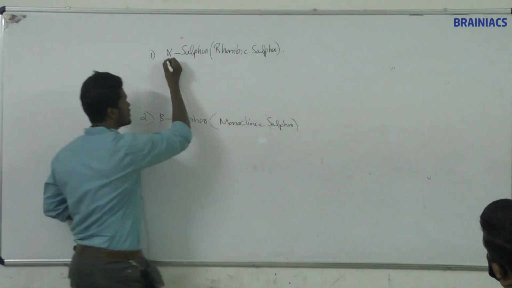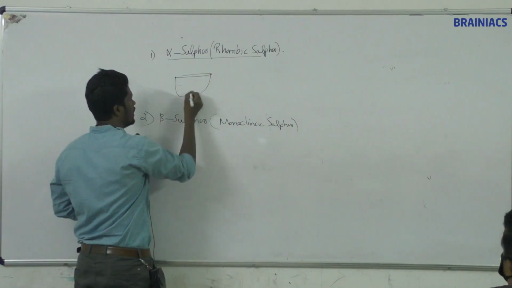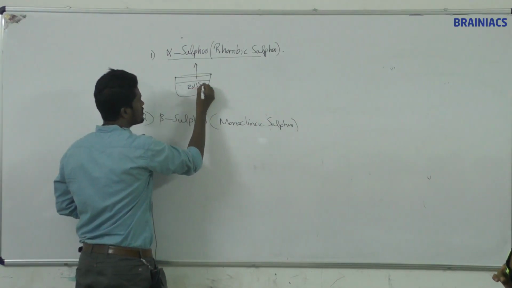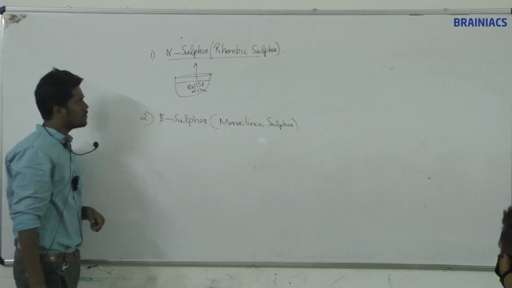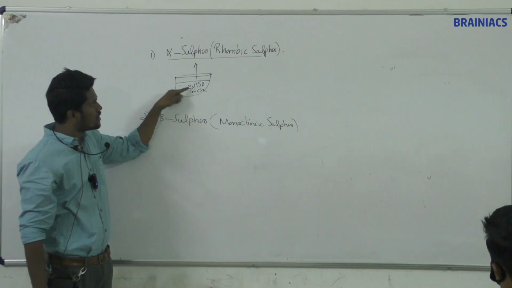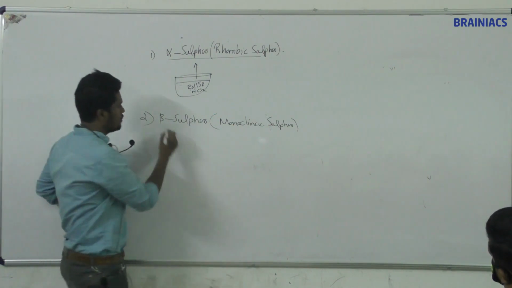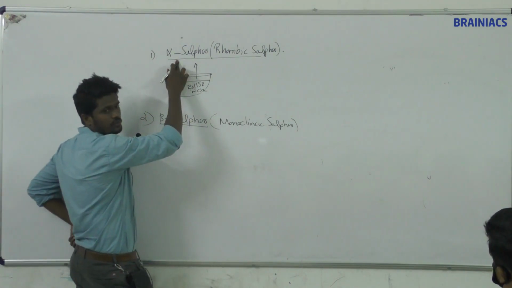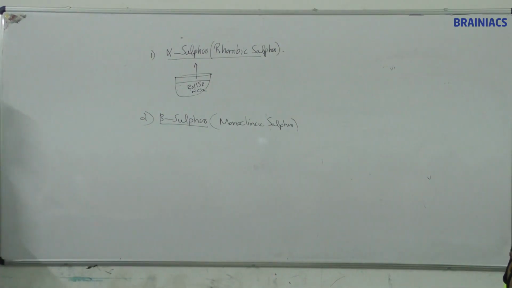So how is alpha sulfur prepared? Alpha sulfur is prepared by evaporating the solution of roll sulfur in CS2. Roll sulfur solution in CS2 is evaporated, and you will get alpha sulfur. And beta sulfur is formed from alpha sulfur. The first one is alpha sulfur or rhombic sulfur.